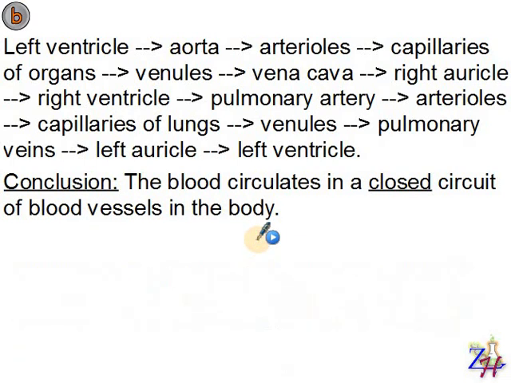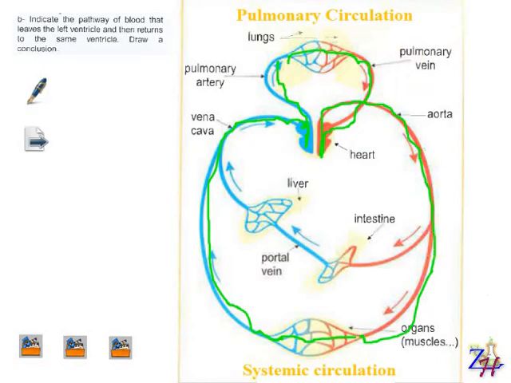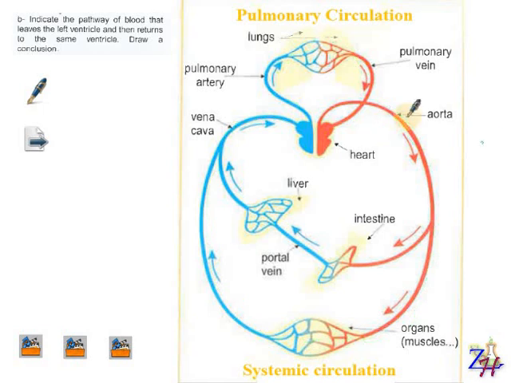Now, what if we started from the right ventricle? I don't want to start from the left ventricle, I want to start from the right ventricle. We're going back to the figure, and let's start now from the right ventricle. We'll see if we will have the same ending.